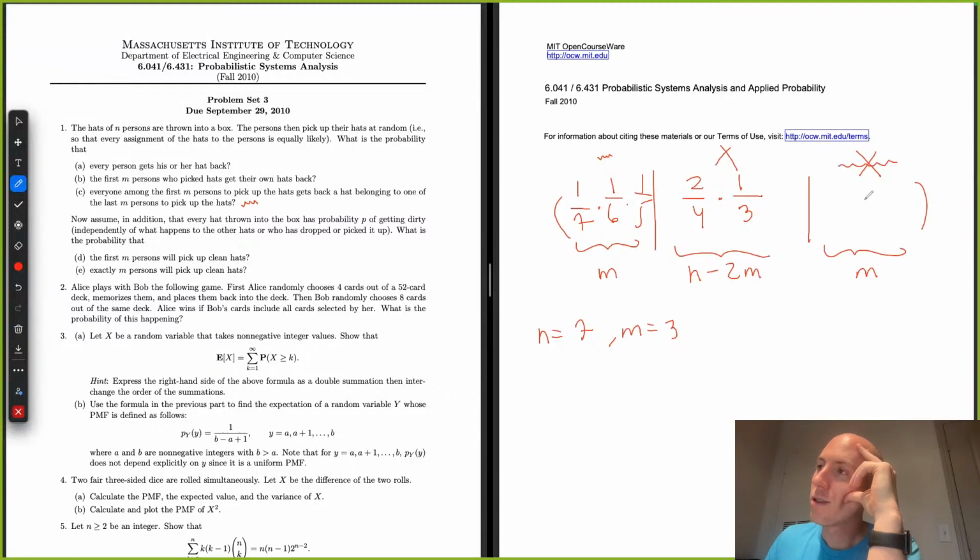So there's only 2 hats remaining, and 2 of the hats are good that this person wants. Then for this person, there's only 1 hat remaining, and it's definitely good by definition.